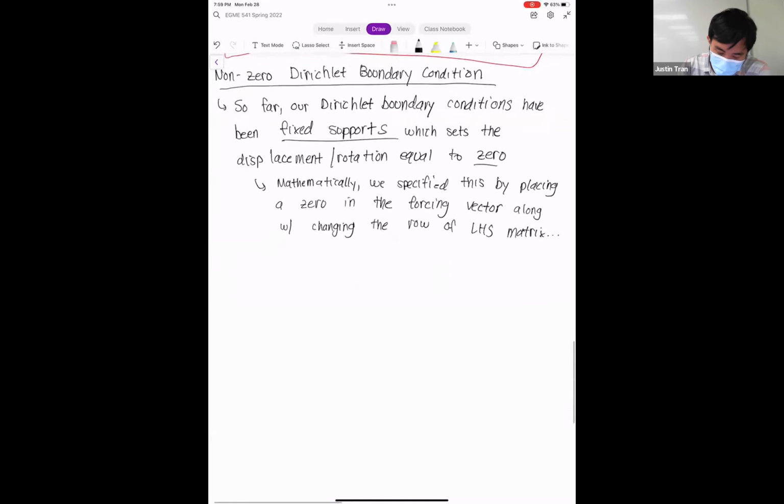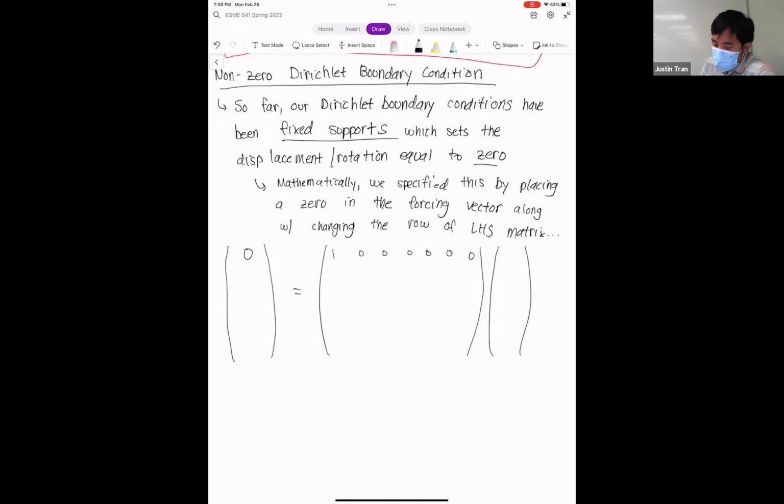And so visually it looks something like this. We have our right-hand side, our forcing vector, our left-hand side matrix, our global stiffness matrix, and we have our solution vector. Let's say that we set the first node degree of freedom equal to 0. So let's say this is like U1x or something like that.